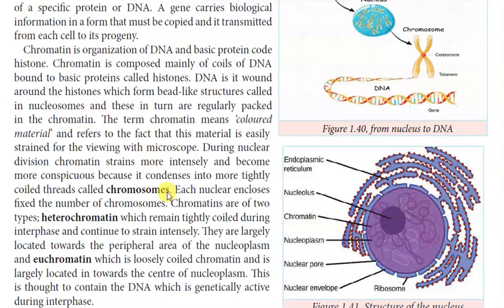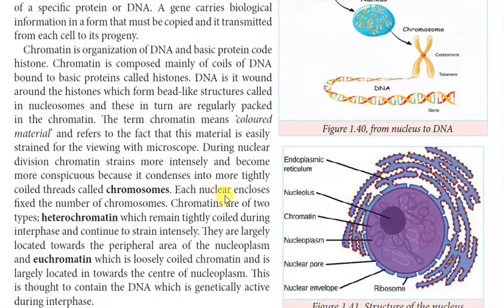But during nuclear division, the chromatin they tend to condense. Unaona? Ndio tumesema they stain more intensely and become more conspicuous because it condenses into more tightly coiled threads called chromosomes. So during a nuclear division, ndipo ambapo the chromatin they coil up and they become intensely stained.